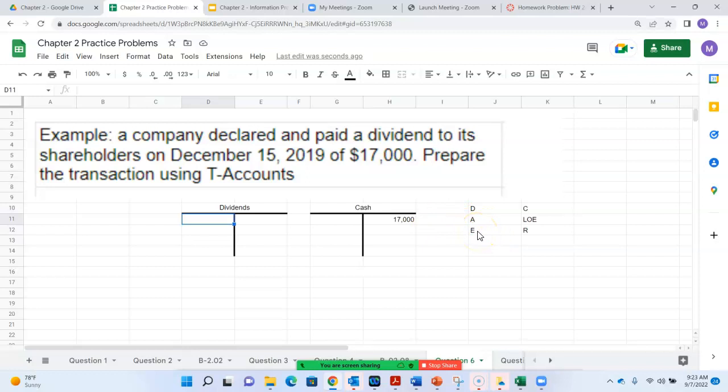It's technically not an expense because it doesn't hit the income statement, but it reduces owner's equity. Therefore, it's going to behave the opposite of owner's equity. So if we increase owner's equity with a credit, then we are going to increase a dividend with a debit. The easiest way to think about it is when you see dividends, treat it as an expense. Technically it is not, but just treat it as an expense when you are using T accounts. So therefore, we are going to debit our dividends for $17,000.